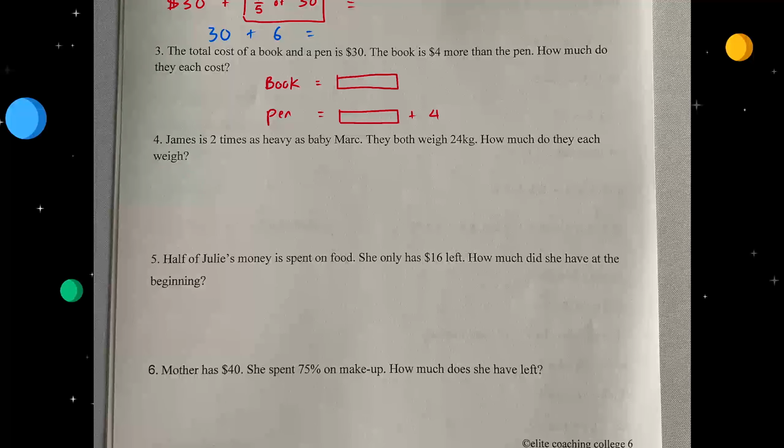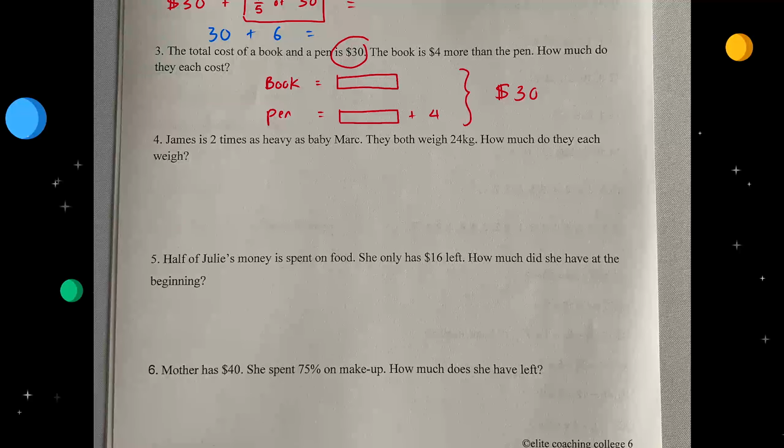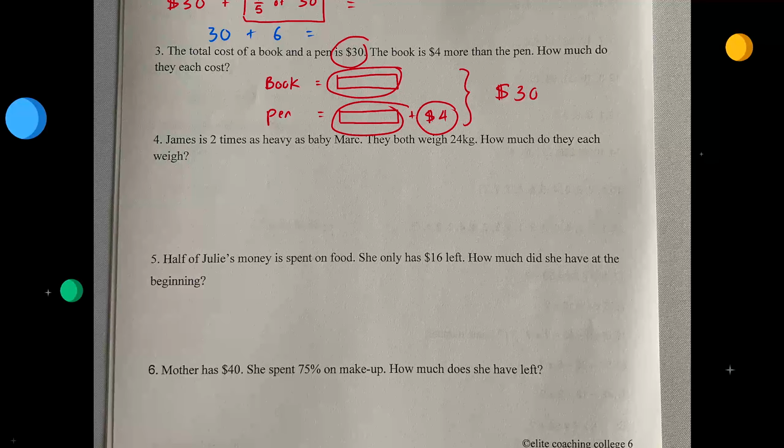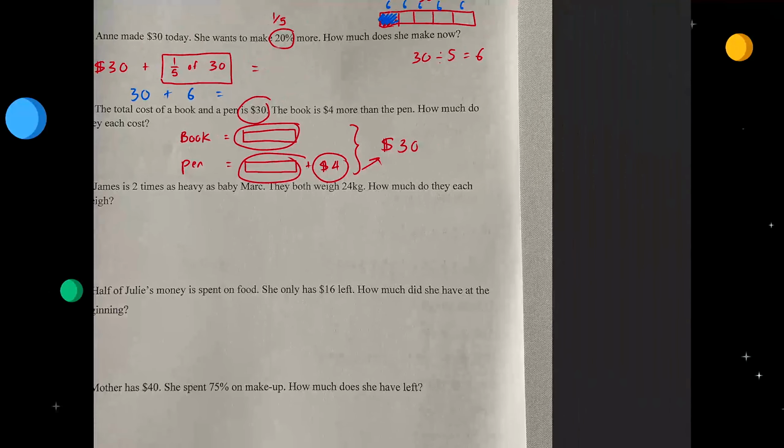So what number plus 4 is 30? What's 30 take away 4? 30 take away 4 is 26. So 26 plus 4 equals 30. Therefore, these two must equal 26. So 26 divided by 2, each one must be 13, isn't it? 13 and 13. So one question mark means it's $13. So the pen is 13 and the book is 13 plus 4, which is 17.